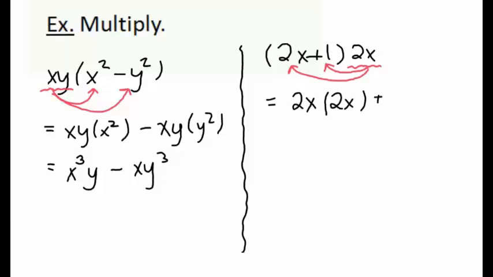We're going to keep our sign, which is the plus sign, and then we're going to have 1 multiplied by our 2x. 2x times 2x will give us 4x squared, and 1 times 2x is the same as 2x. So here's our final answer for that second question.